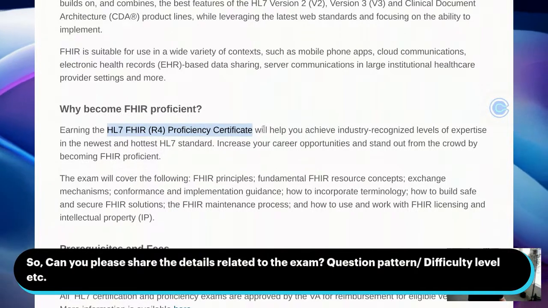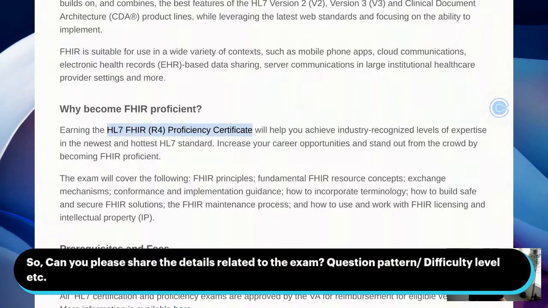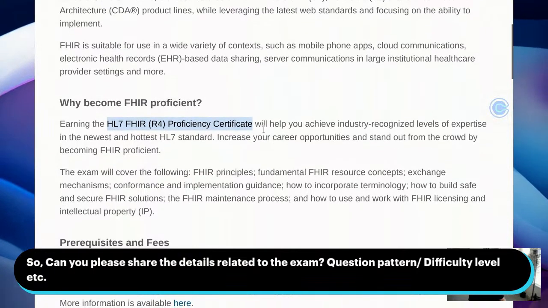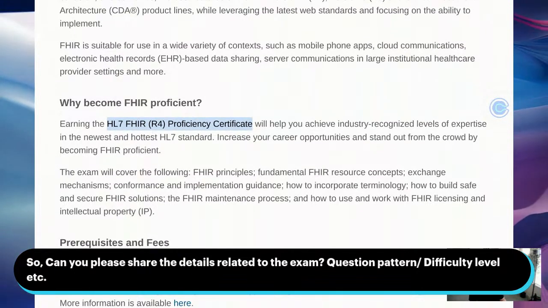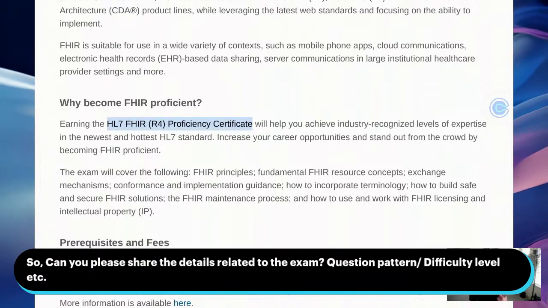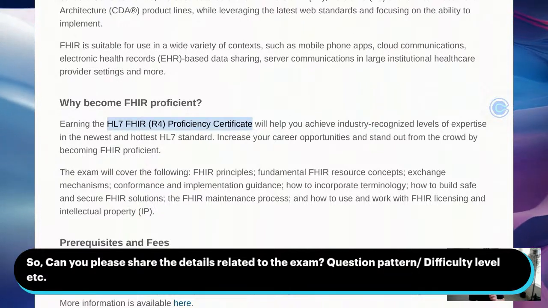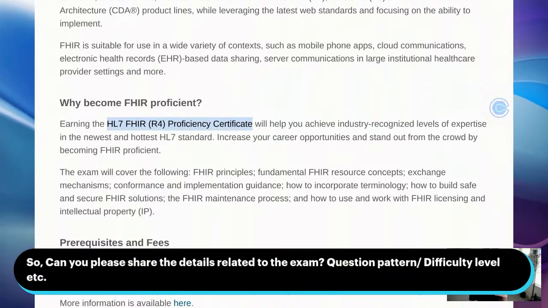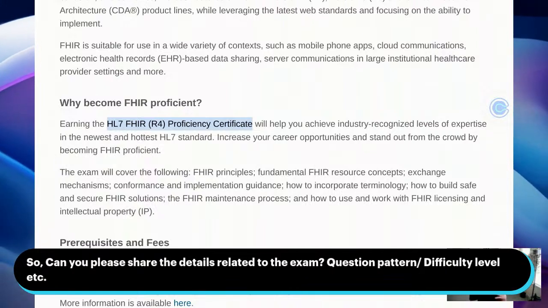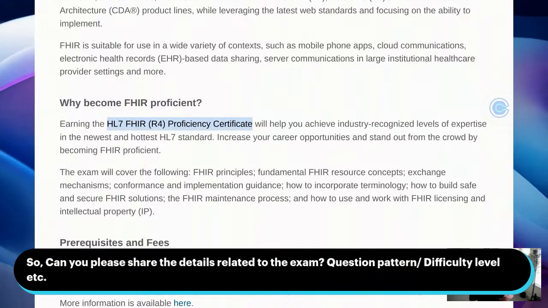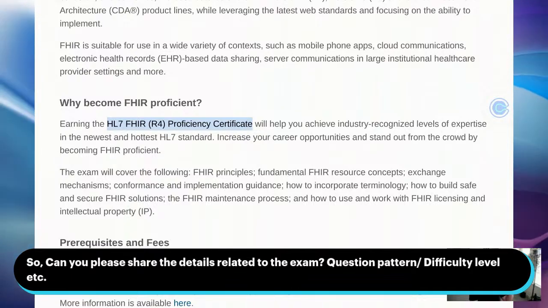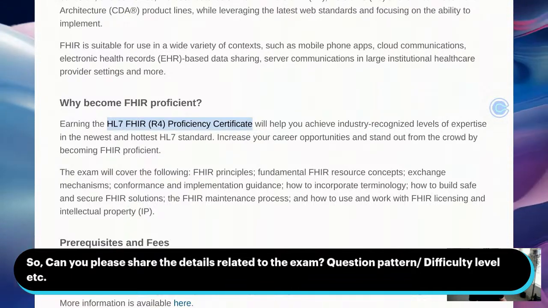Just as an FYI, this is the one being asked about in the question. They have a new exam called FHIR Foundations, which was in pilot two months ago. A lot of people took it in April, so they're currently analyzing it to determine the cutoffs for passing and the level of questions. That will be the brand new exam for HL7.